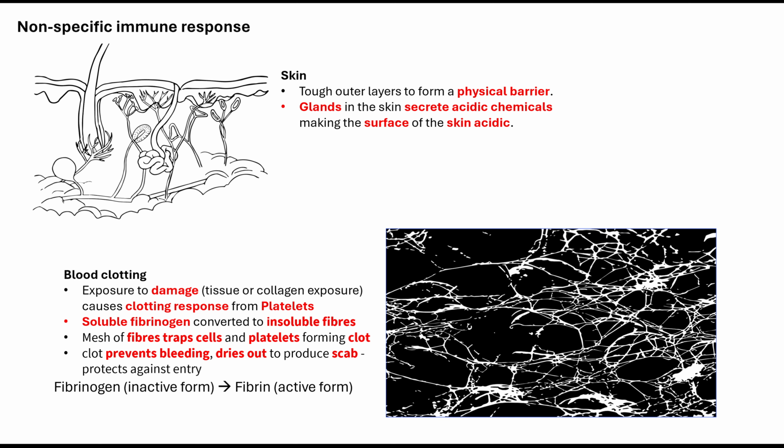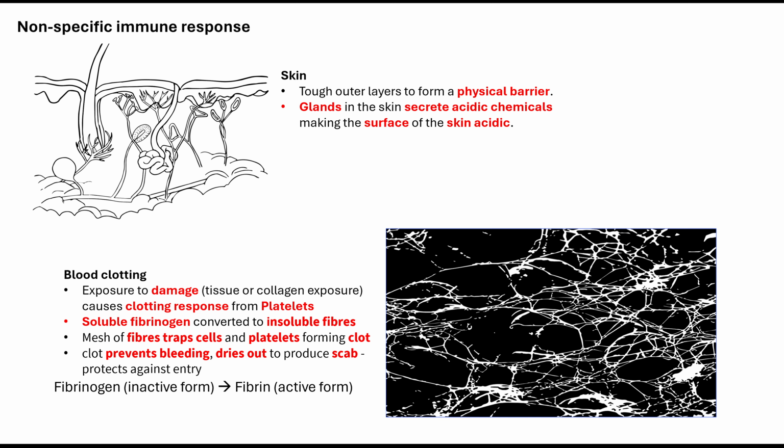So this conversion from this inactive form to active form is a form of regulation of the genes at the post-translational level. The fibrinogen, that inactive form, it's already been translated, it's just not activated until post-translation when it is signaled that it is needed to do so.